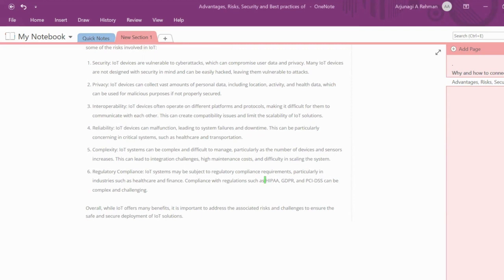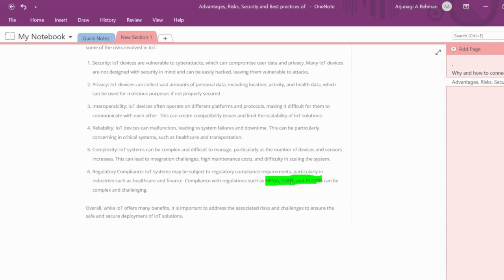I won't be explaining these terms in this lecture because it is out of scope, but I would appreciate it if you read about this regulatory compliance on your own.